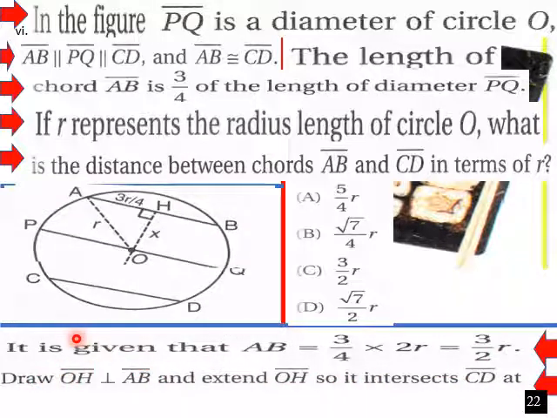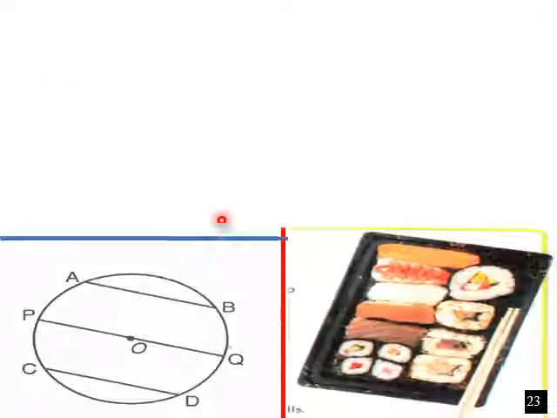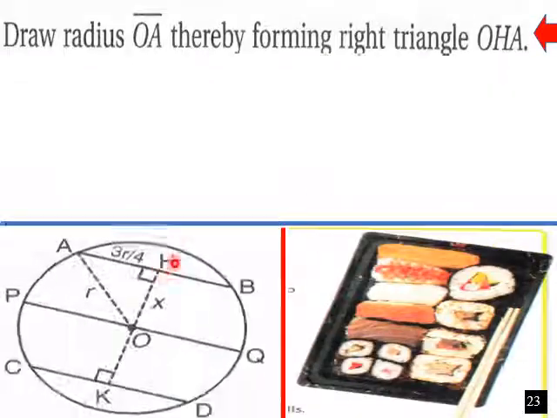So draw OH perpendicular to AB, because this is a chord here, and extend OH so that it intersects CD. So we extend OH over here to CD. Okay, so we have our circle here.